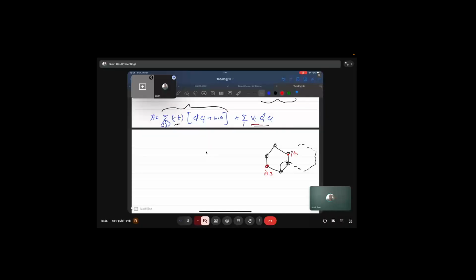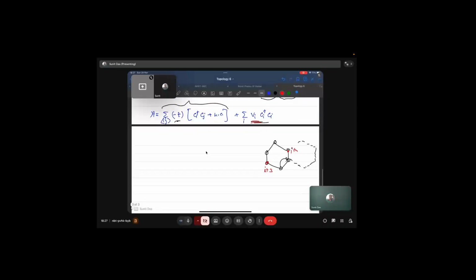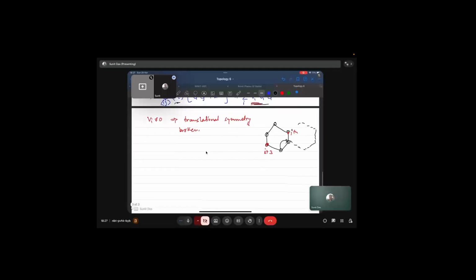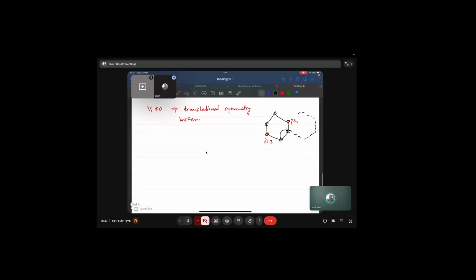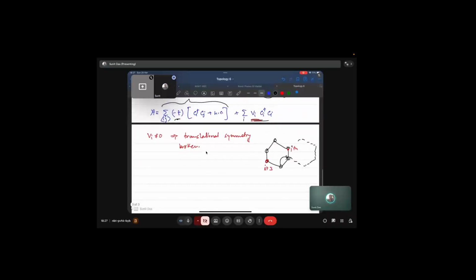Okay. And what this breaks is that because of this disorder, the translational symmetry, or the perfect periodicity in the system, is broken, right? So when Vi is not equal to 0, translational symmetry is broken. Now, for a periodic sample, we can do the Fourier transform and go to k space.